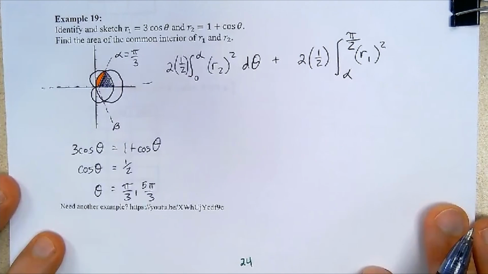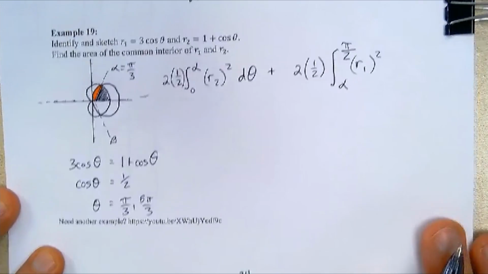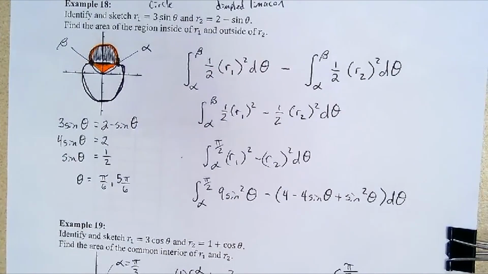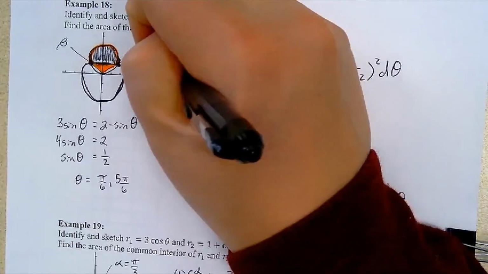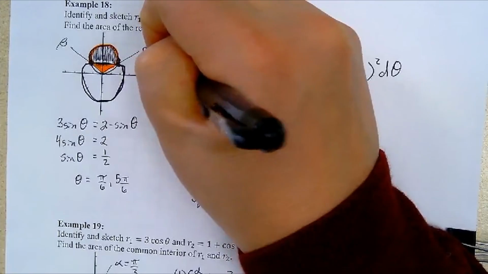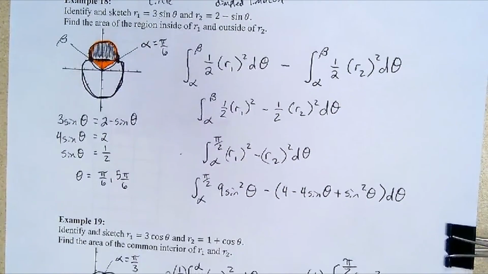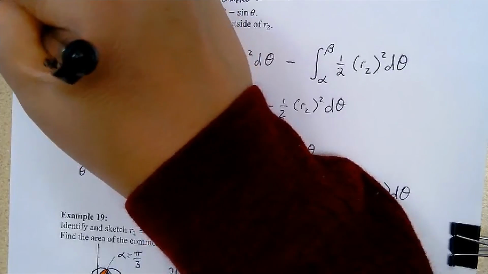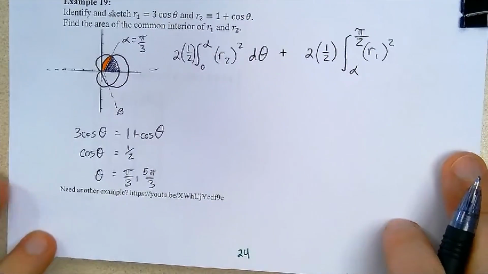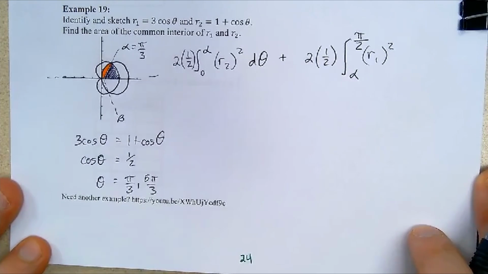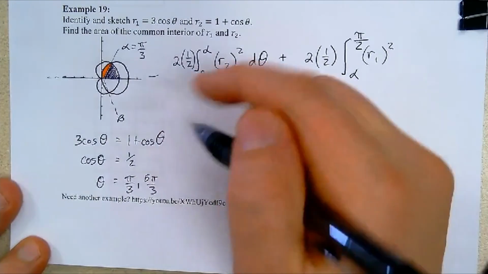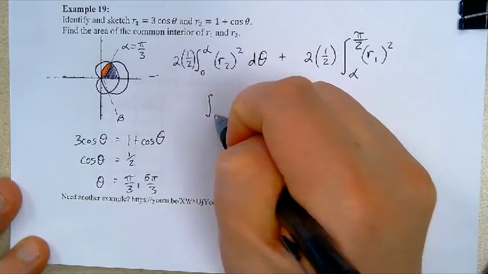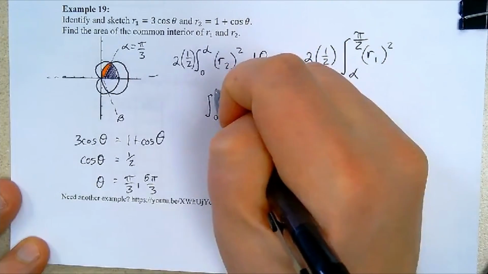Which makes me realize that on the previous example, I never did actually specify that alpha was pi/6, but beta was 5pi/6.